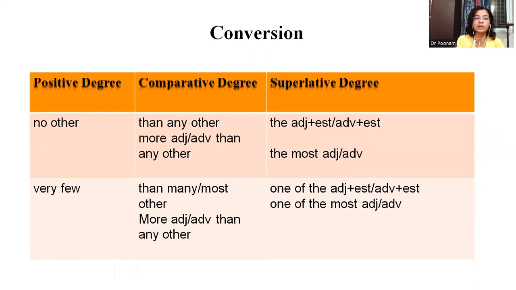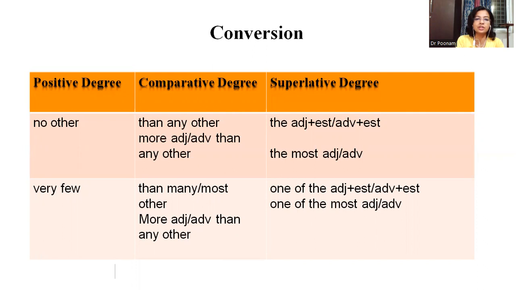You have to stick with the words any other. And in case of superlative, it will become the adjective plus est or adverb plus est, or the most adjective or adverb. So with no other, any other, and the will come.